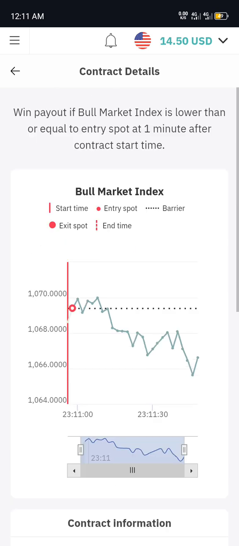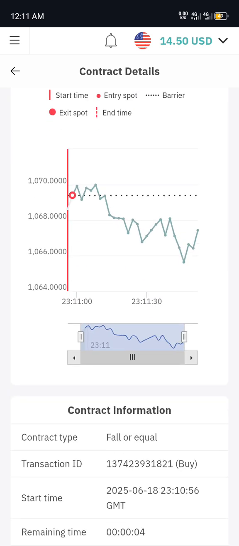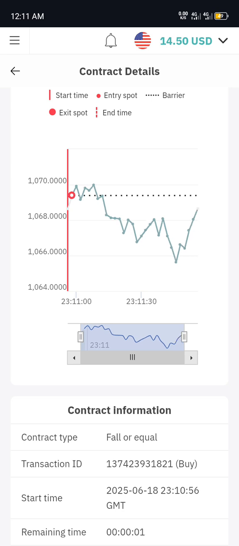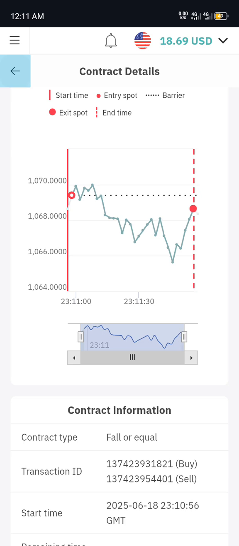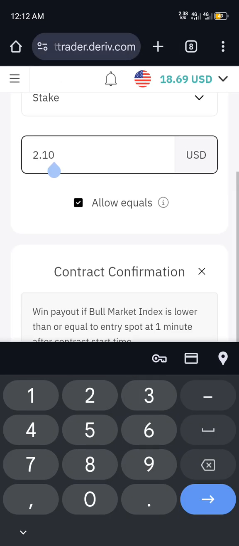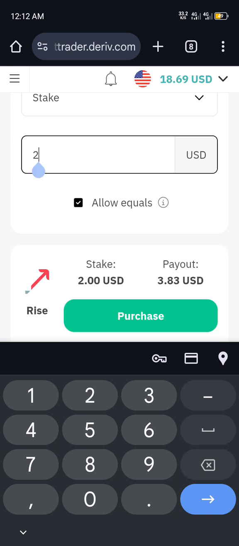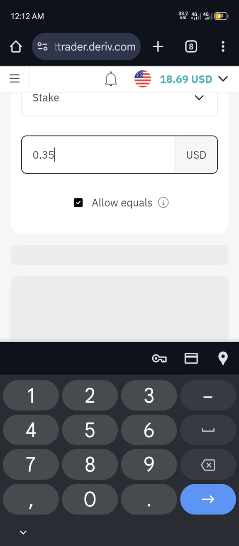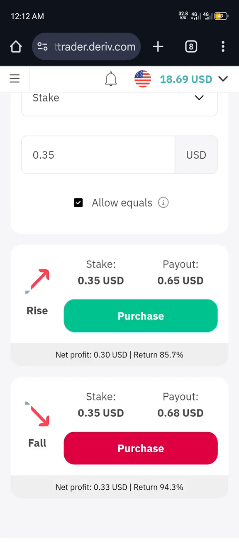Though it's moving in our favor, it's running in my favor, and that's a success. You see the account is now $18.69, and it's still building up from 5 USD.